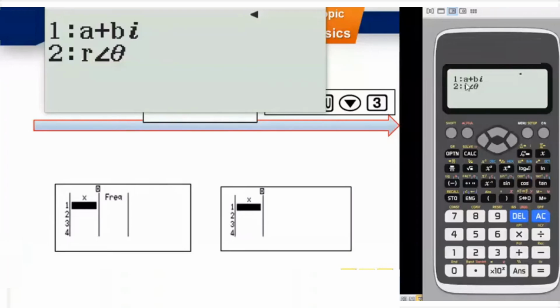So we discussed complex numbers in detail in one of the episodes, and in that I taught you that whenever we are encountered with complex numbers, usually the calculator will give us the answer in a plus b iota form, that is rectangular form. But if we want the answer in polar form, we can also get it by pressing 2. So 1 is automatically rectangular mode and 2 is the polar mode. So by default, the calculator will give us the rectangular mode.